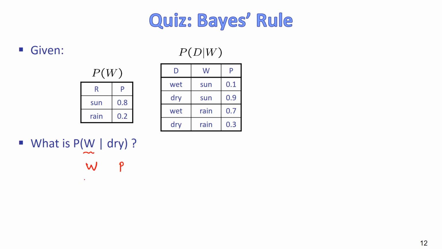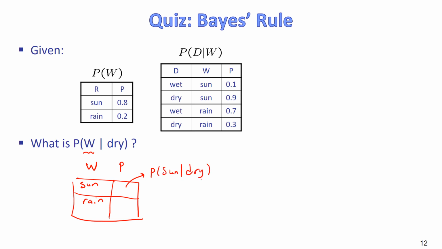So here we have sun and rain, and we want the probability of sun given dry, which is this one, P of sun given dry. And we also want the probability of rain given dry.